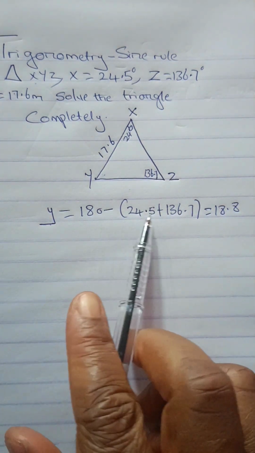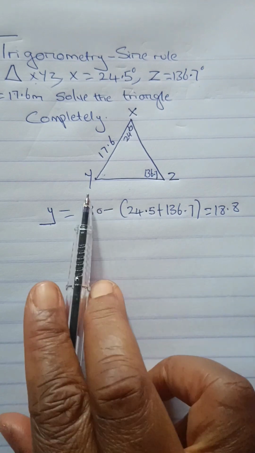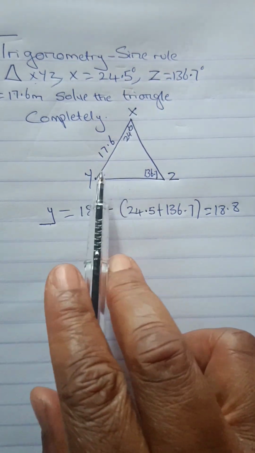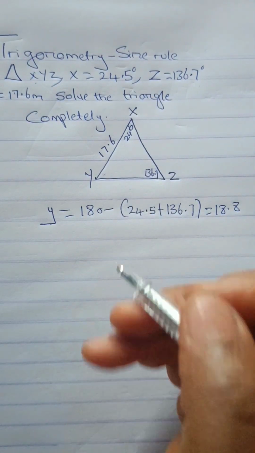So this plus this, 180 subtracts the sum of these two numbers, we have this. So y is 18.8. Now we have y, we have this, so we're just left with these two sides.